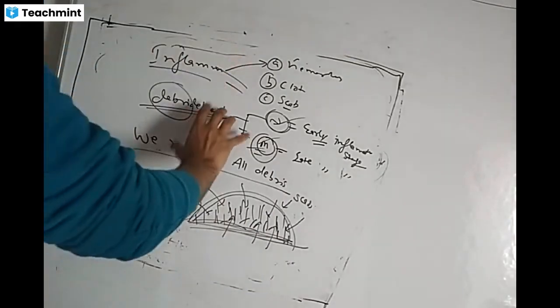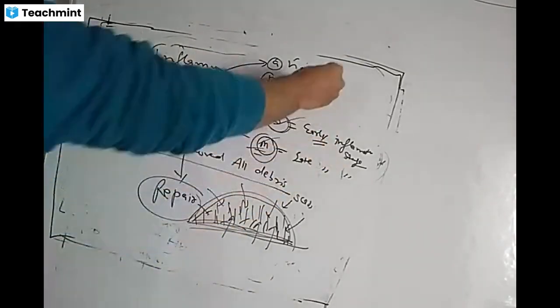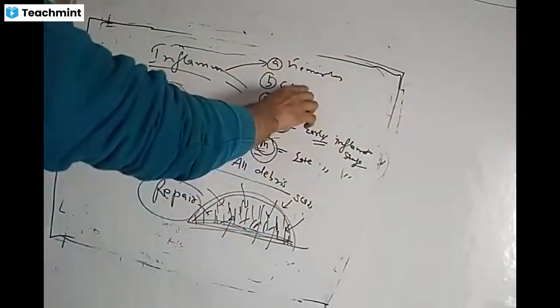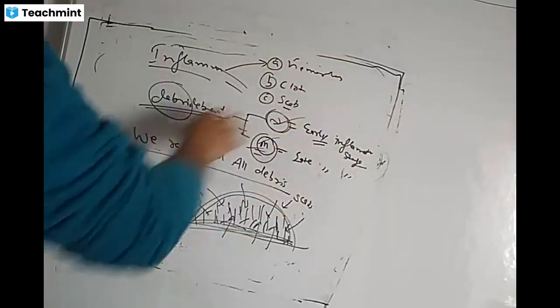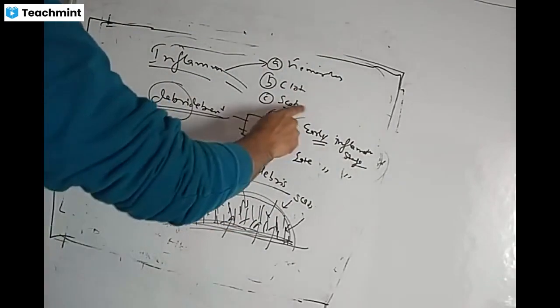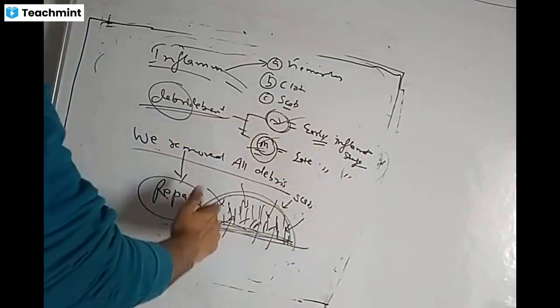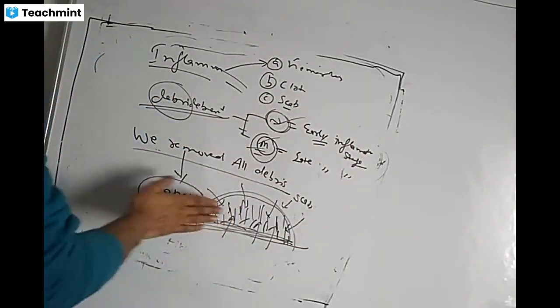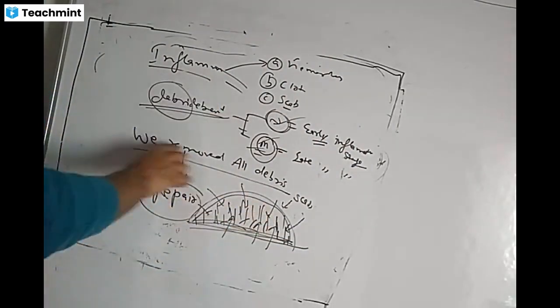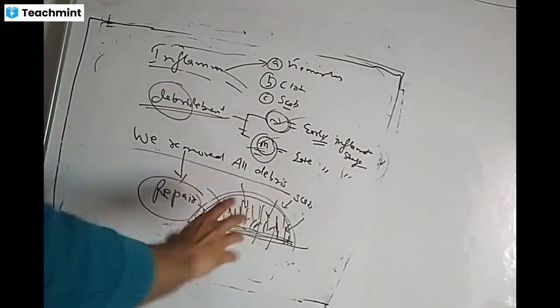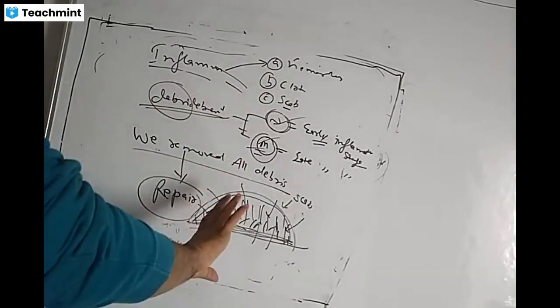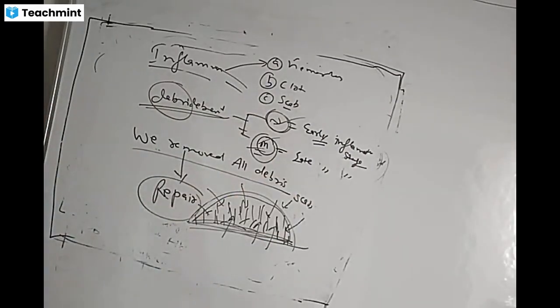So up to this, inflammation is over. We stopped the bleeding. The clot was formed. That clot becomes scab. Under the scab, the process of debridement is going on. Under the scab, the process of repair will be going.